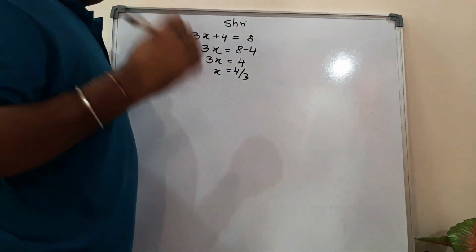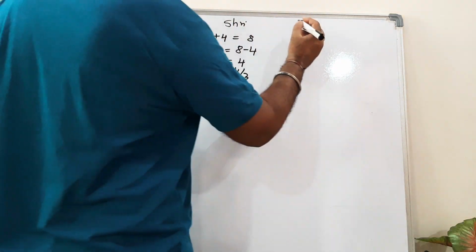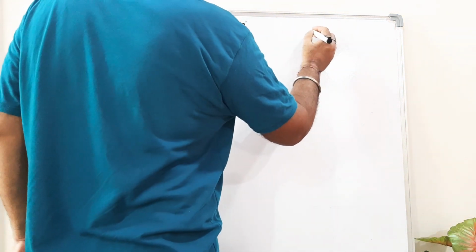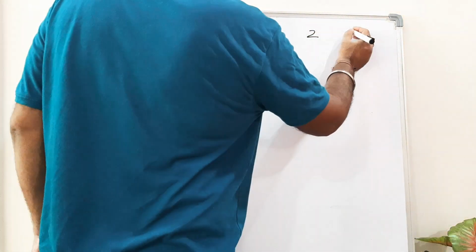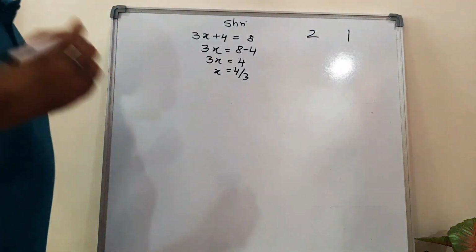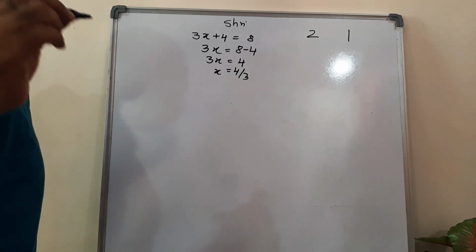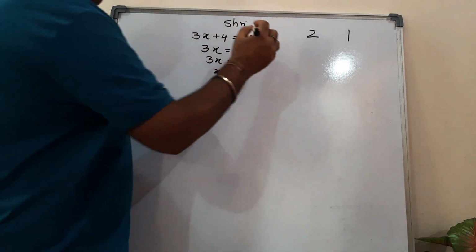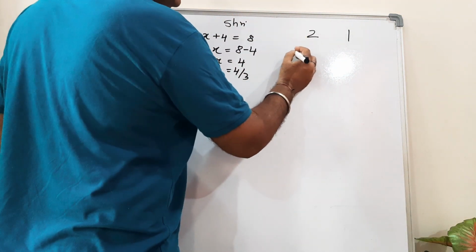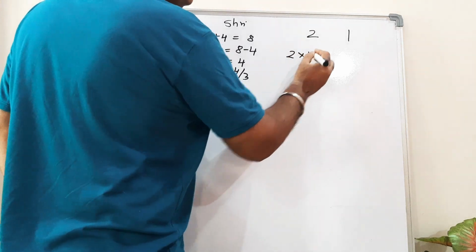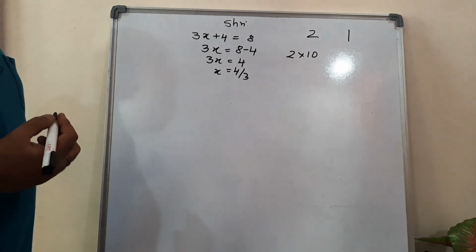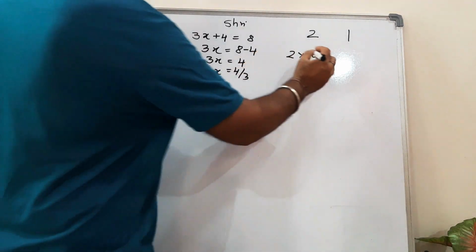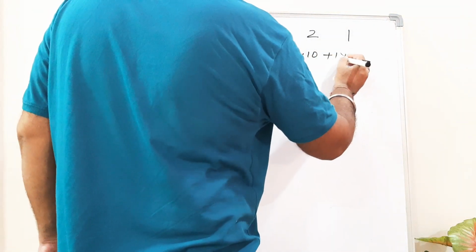Suppose I am just taking an example. You are taking 2 samosas, and you are taking 1 kachori. The cost of a samosa is rupees 10, then the cost of 2 samosas will be 2 into 10. Now suppose the cost of the kachori is rupees 5, so it will be 1 into 5.